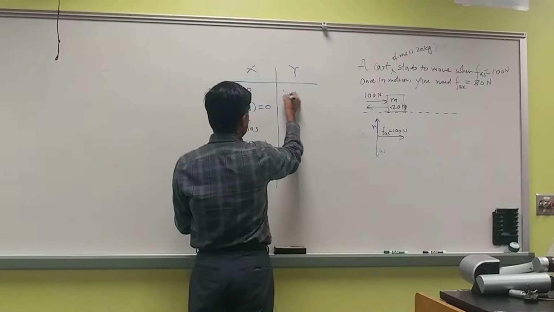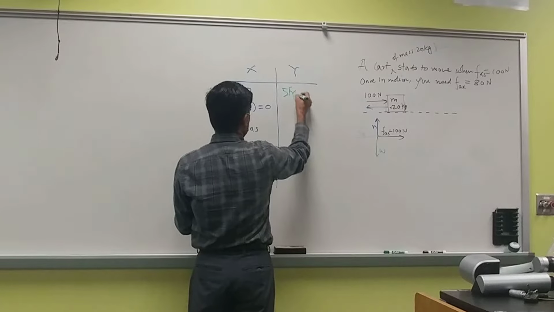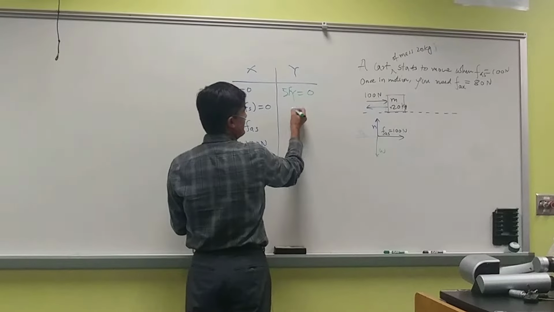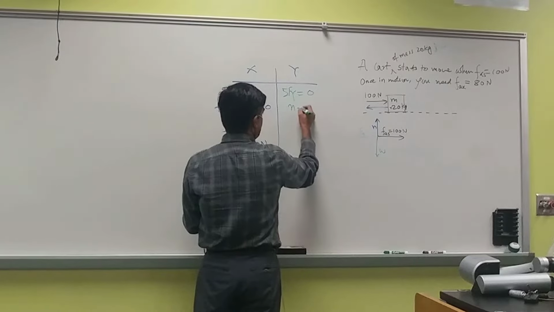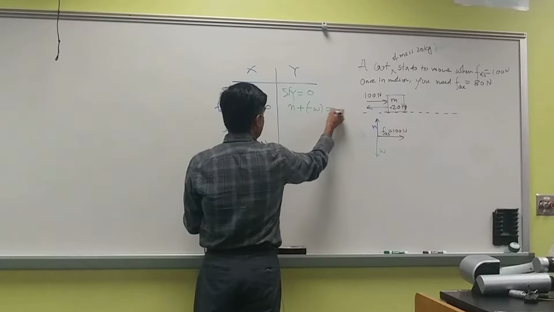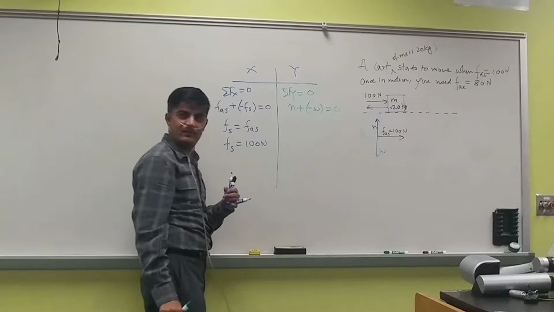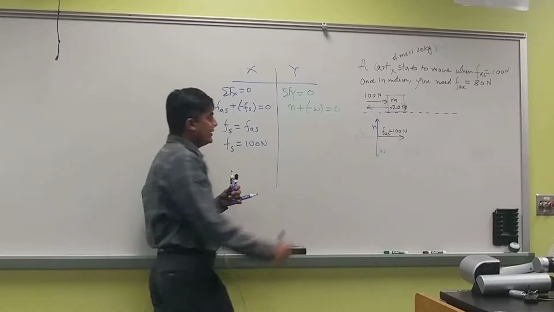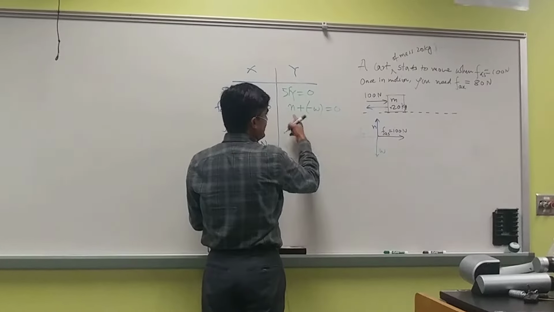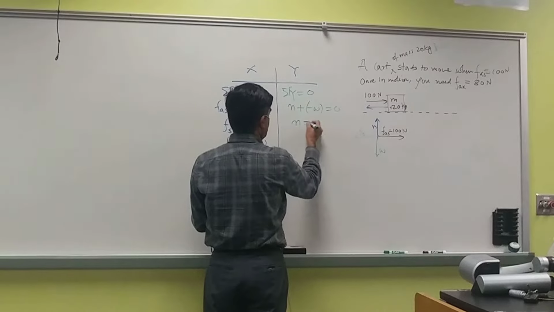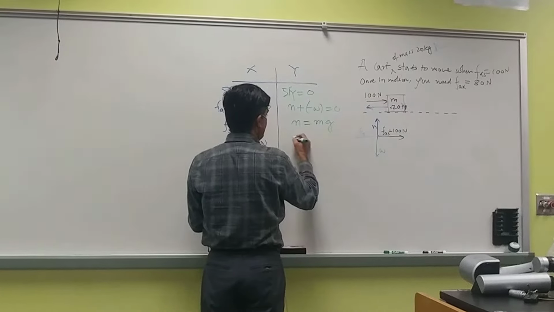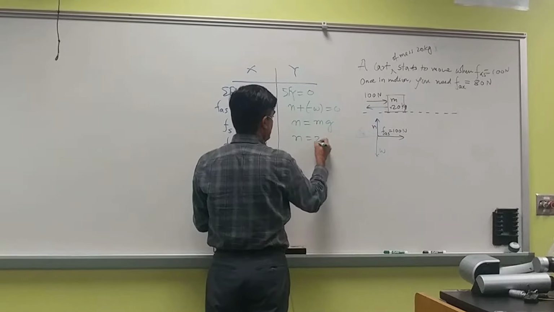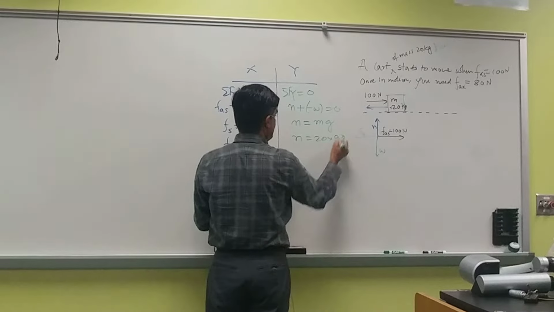On this side, the total of force along y is also 0. So what is here? N minus W, because W is going down. W is mass times gravity, so this will be 20 times 9.8.